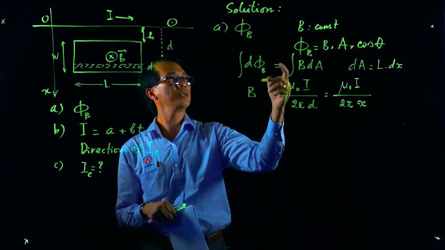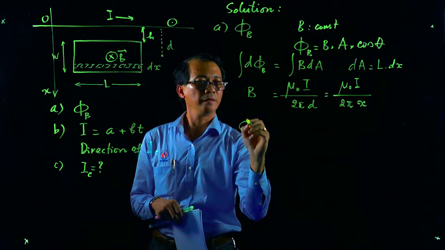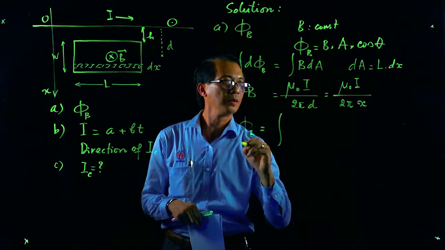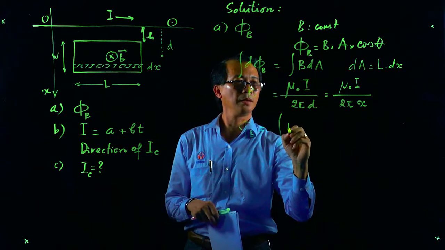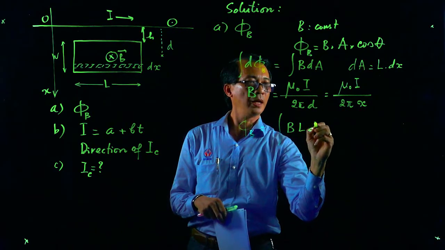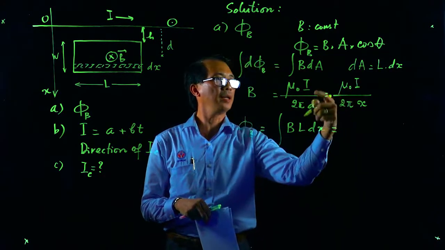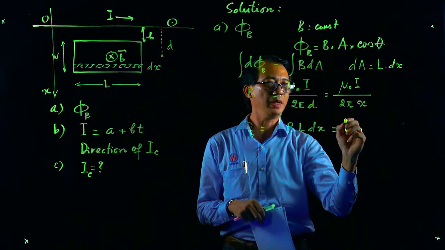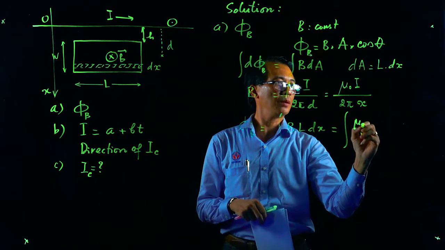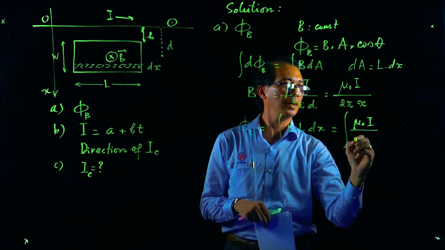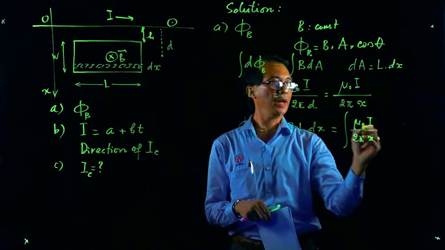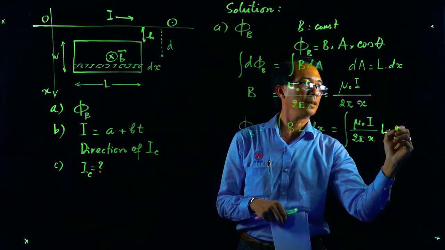Okay, then you will see that the phi will be the integral of B L dx, and I substitute the value of B here, so I have the integral of mu 0 I over 2 pi x with L, then dx.